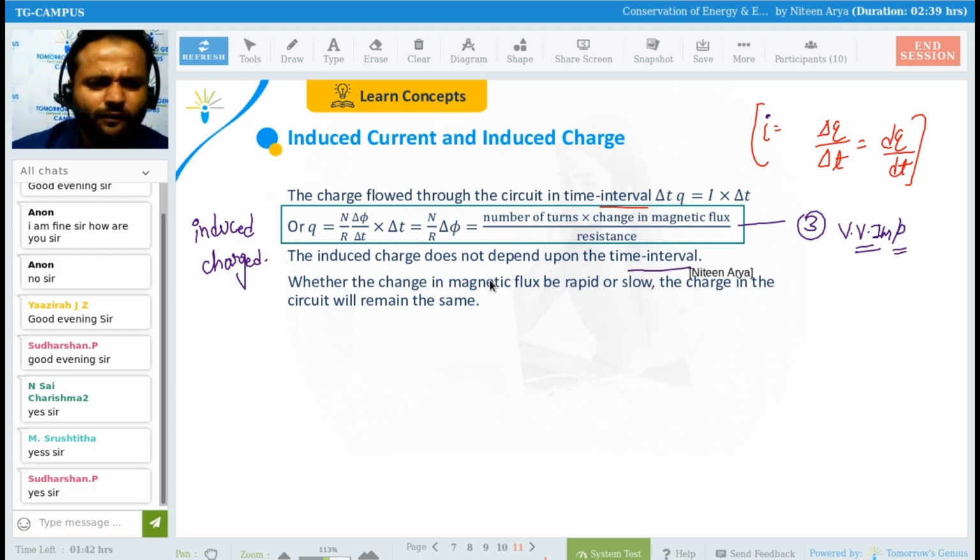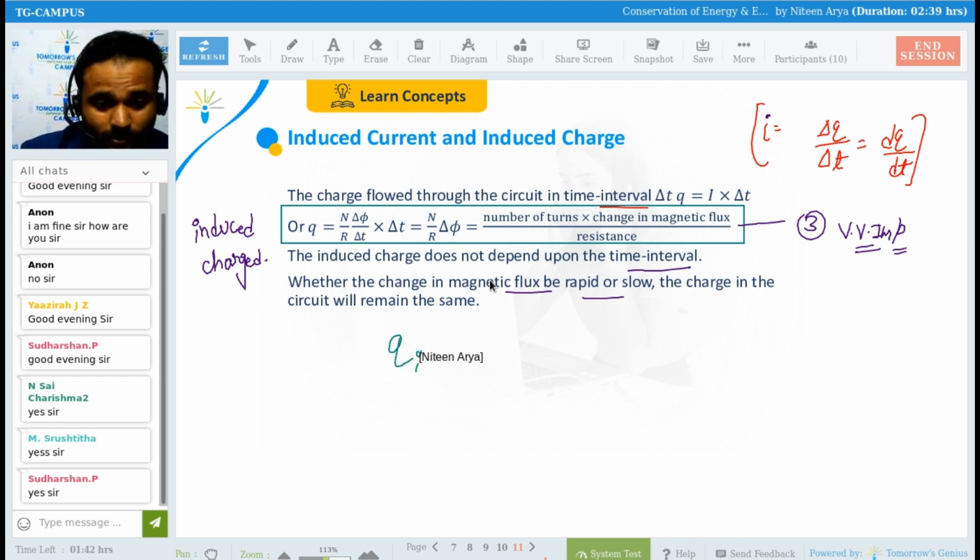So the induced charge obviously is not going to depend on time, because del T is going to be cancelled: N by R del phi, the change in magnetic flux. So whether the change in magnetic flux is rapid or slow, the charge in the circuit remains the same. This is a very impactful statement.